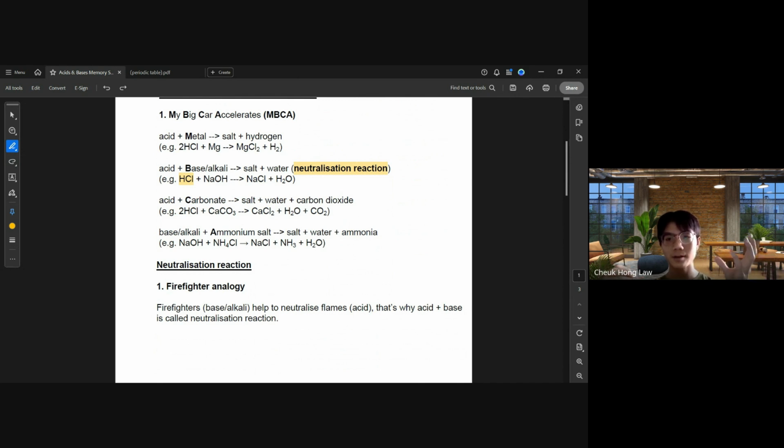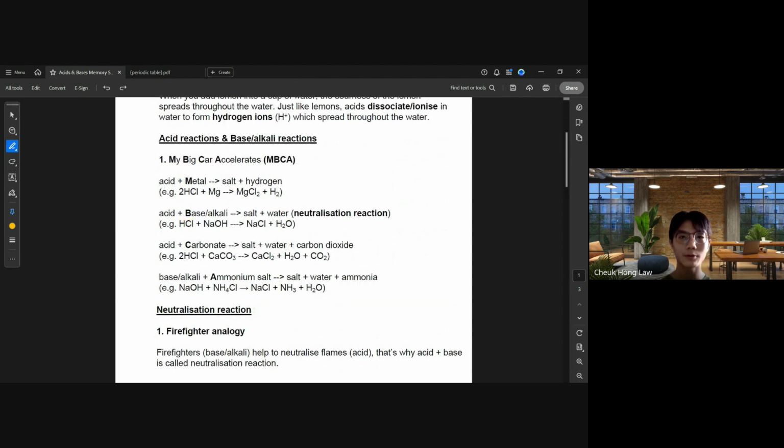Think of firefighters as the base or alkali, and the flames as the acid. So the base neutralizes the acid. That's why acid plus base is called neutralization reaction. One example of this is hydrochloric acid plus sodium hydroxide, which is an alkali, to give you salt and water. The salt formed is sodium chloride, and water.